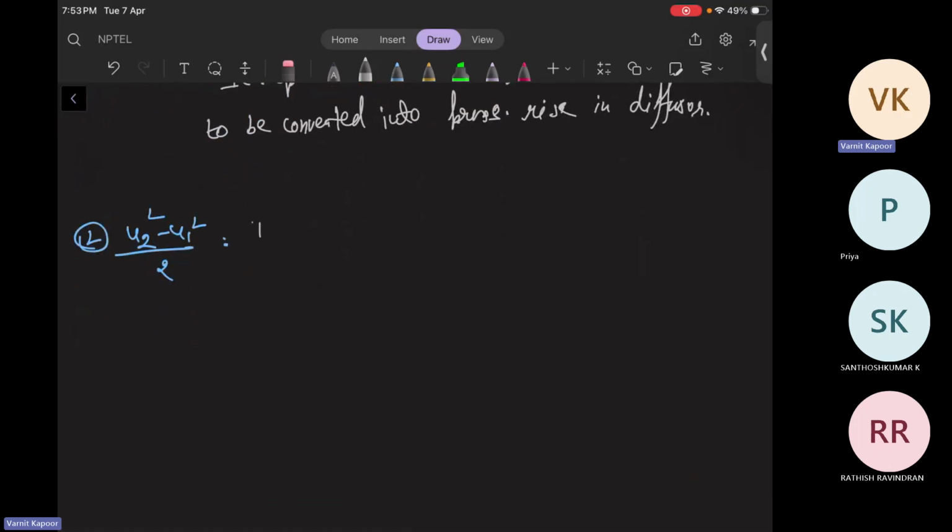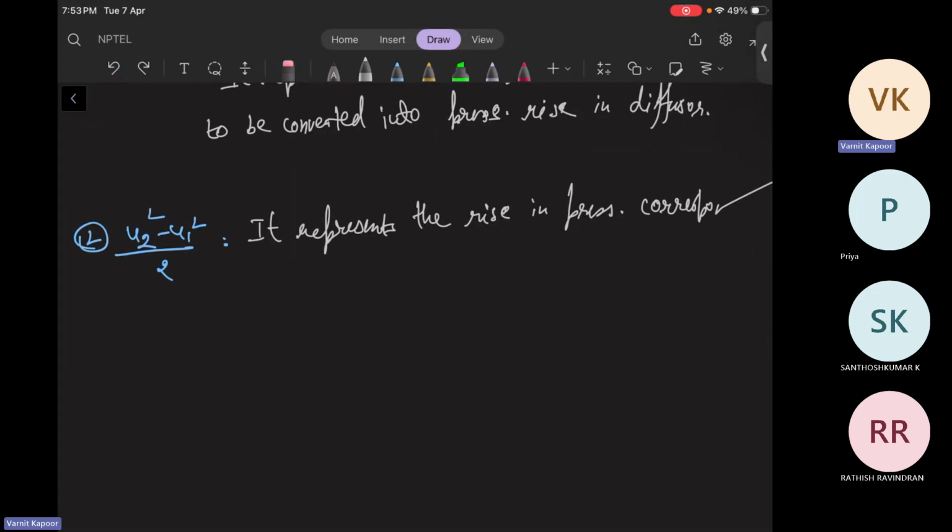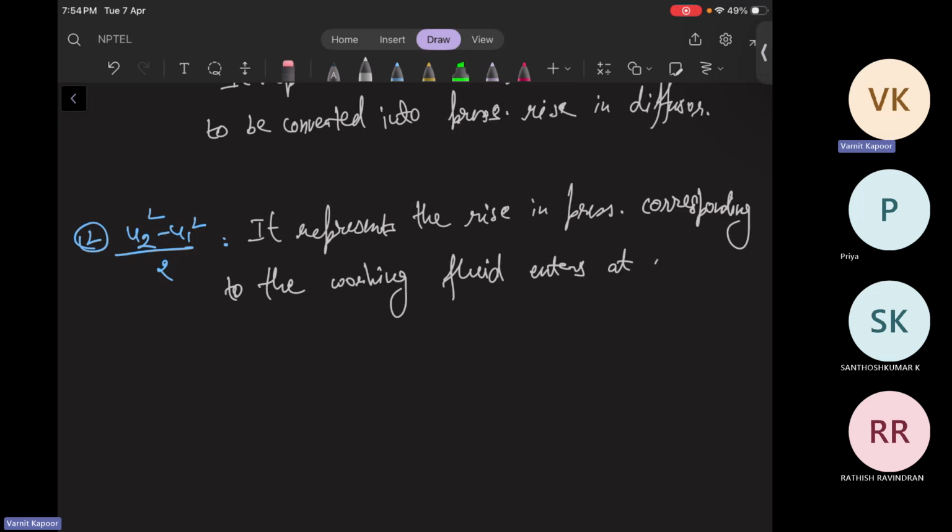So it represents the rise in pressure corresponding to the working fluid entering at smaller radius, that is U1, and leaving at larger radius.